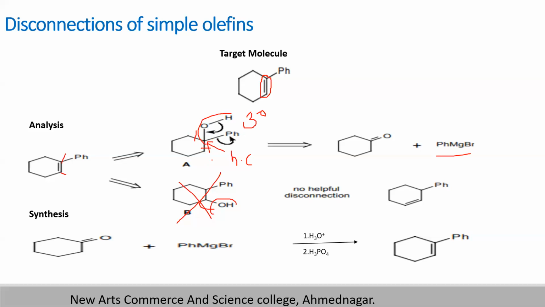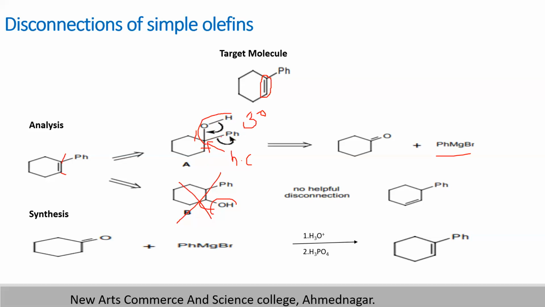The reason behind it is, don't disconnect the ring bond. If there is no option, then of course we have to disconnect the ring bond. But here we have an option, so generally don't break the ring bond because we have another option over here.